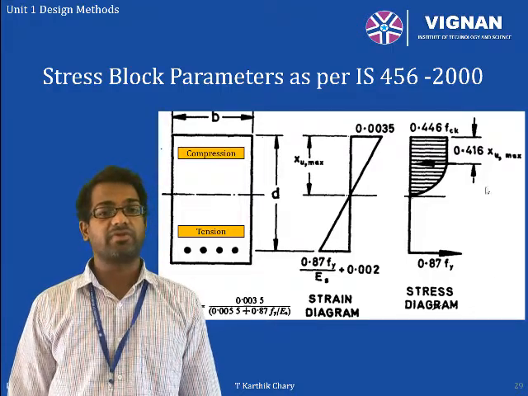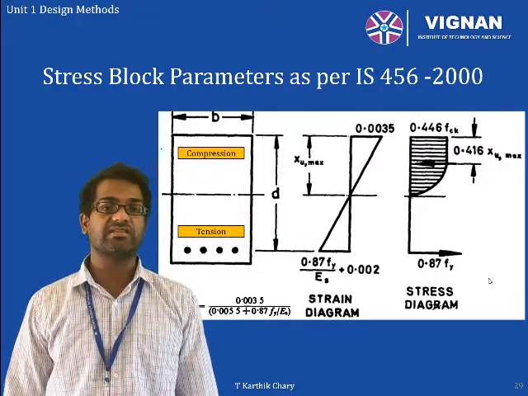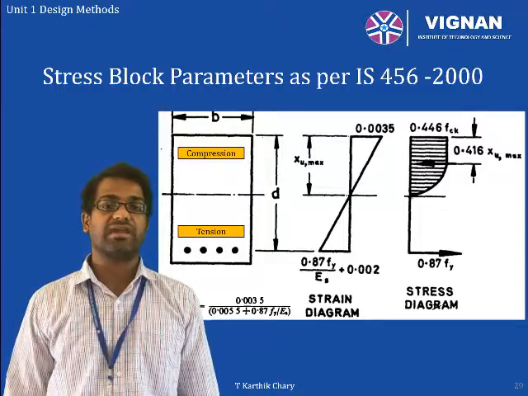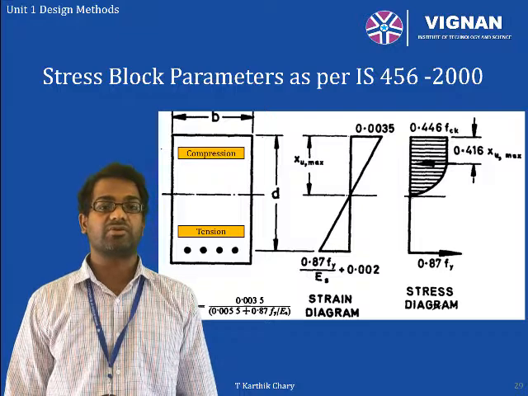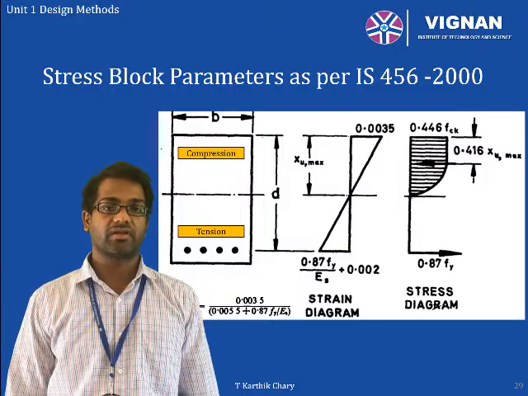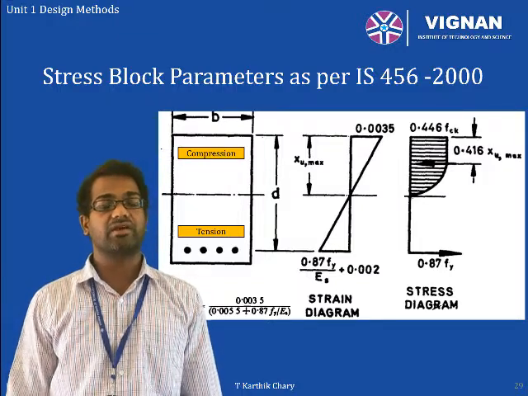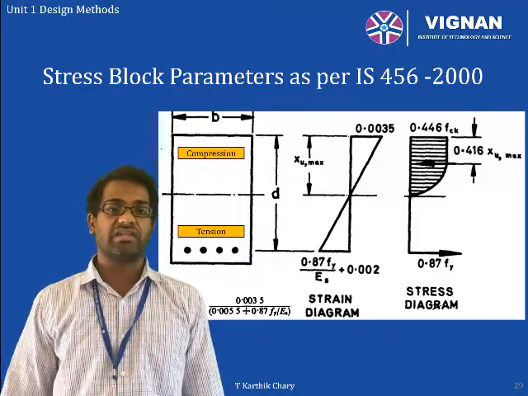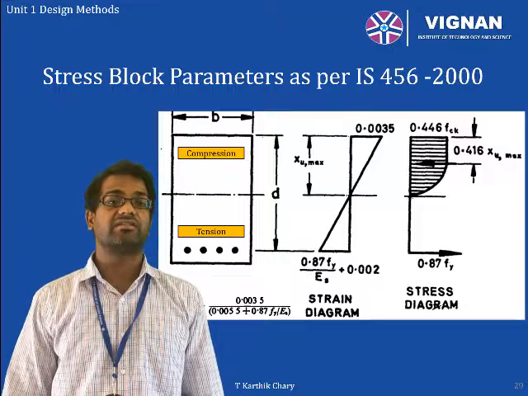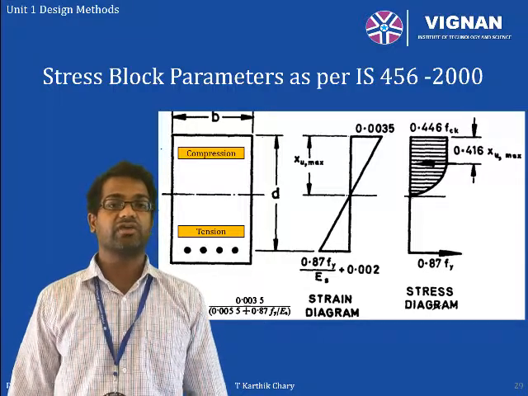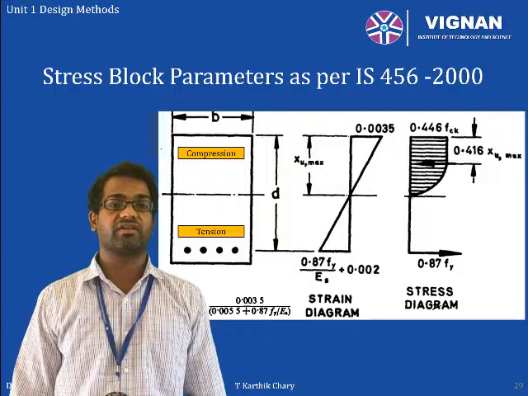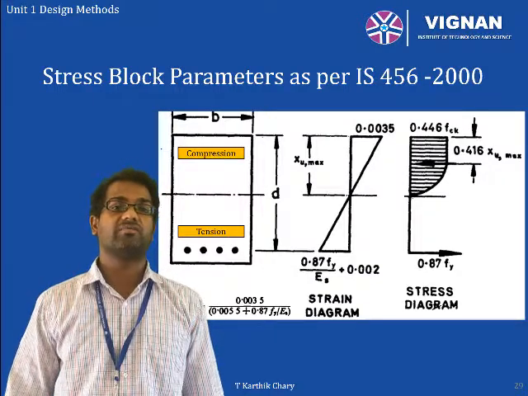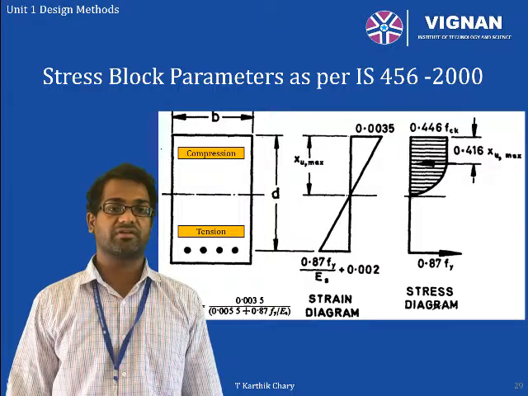The maximum strain in the steel should not be less than 0.87 Fy by Es plus 0.002. This value shall be less than that of the concrete. It is assumed in such a way that the steel shall fail rather than the concrete, so that a user or an occupant will get a warning before failure.